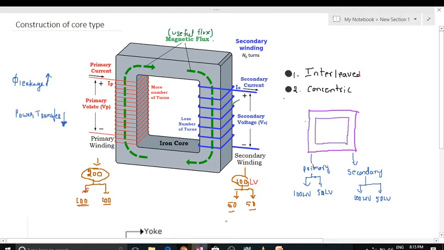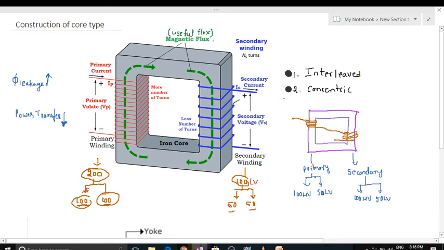So the interleaved winding procedure is this: 100 turns of the primary HV turns are placed on one limb like this, and the remaining 100 of the primary HV turns are placed on the other limb like this.